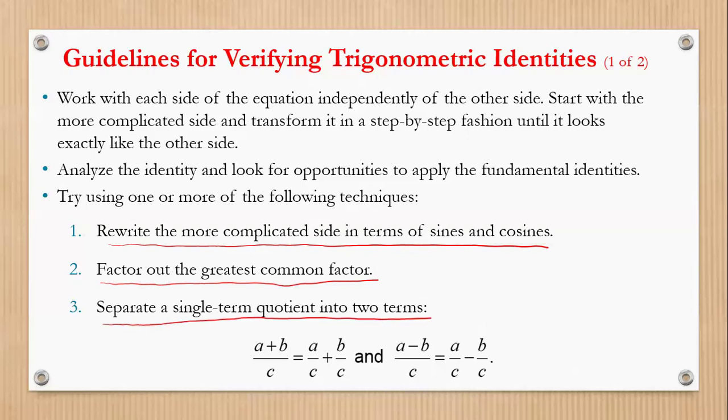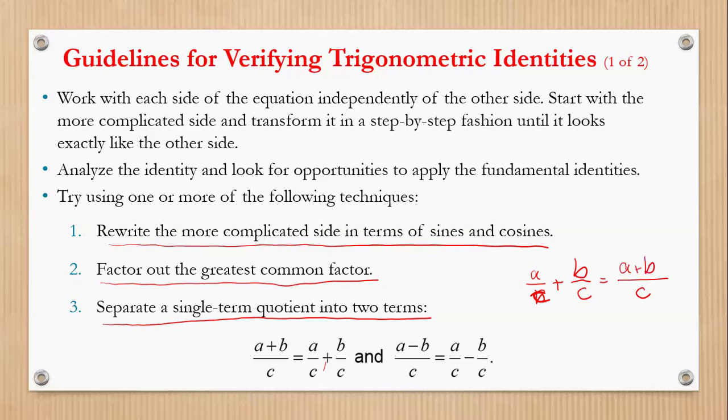For example, if you have a plus b over one single term in the denominator, you can rewrite it as two separate fractions. So we have the opposite on the other side as well. Sometimes we have a over c plus b over c, and you see c is the common denominator, so you keep the common denominator and add the numerators.